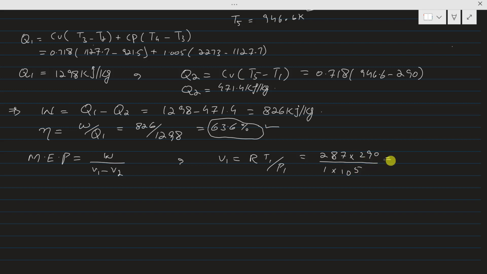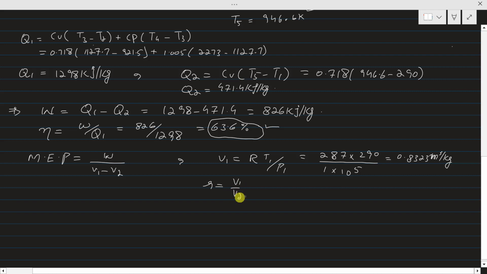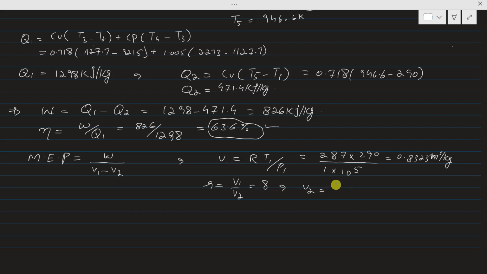Convert that into SI unit, and you will find its value, that is 0.8323 meter cube per kg. Next, the compression ratio that is given, that is equal to V1 divided by V2, and it is equal to 18.